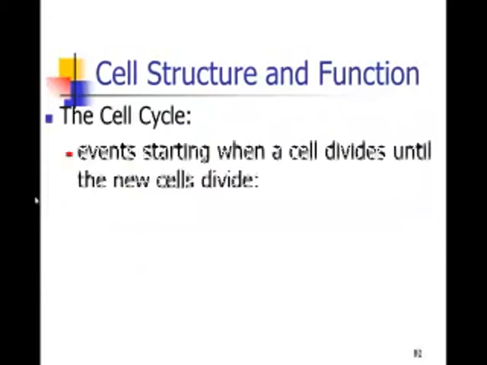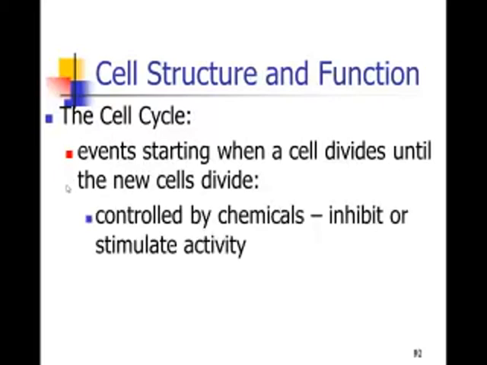Okay. So the next thing we want to talk about is the cell cycle. Cell cycle involves division of the cell, and then all of the things that the cell does after it's divided. So we can separate the cell cycle into a bunch of different periods of time that are defined with respect to the cellular activity.